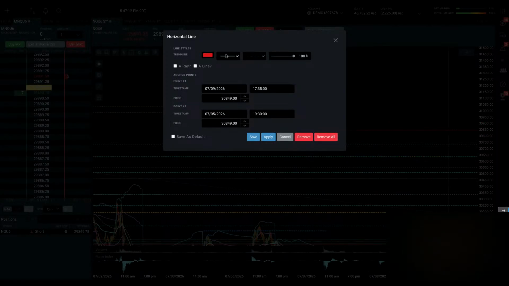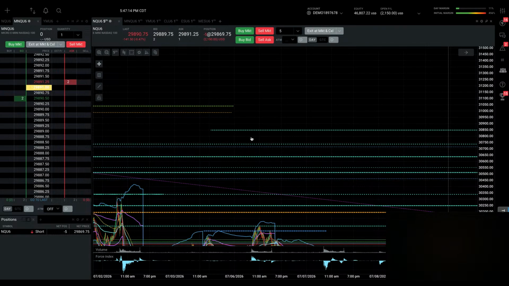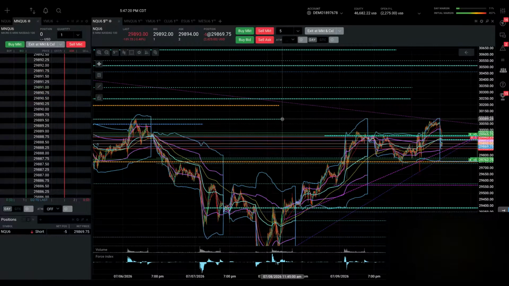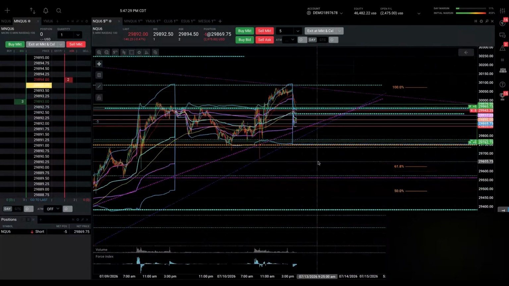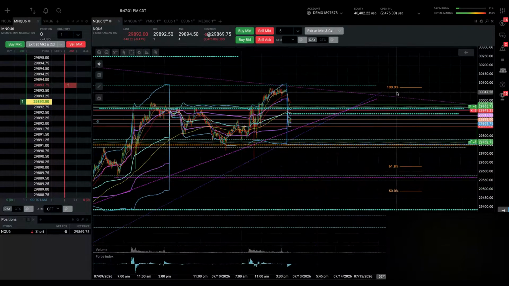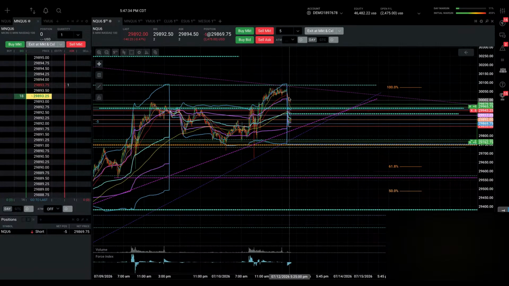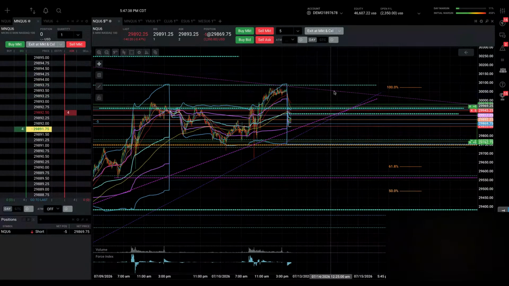Boom. Add that. We have our support and rejection zones happening. And we have this ascending triangle taking place as well. So definitely looks like we can be doing this number right here.